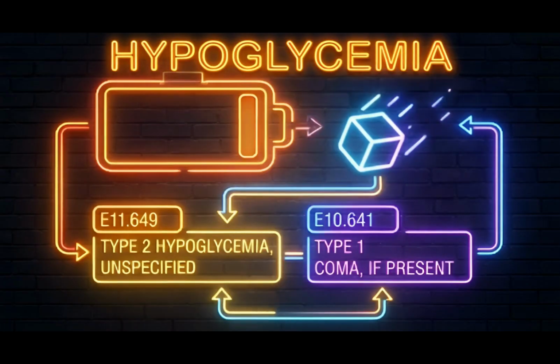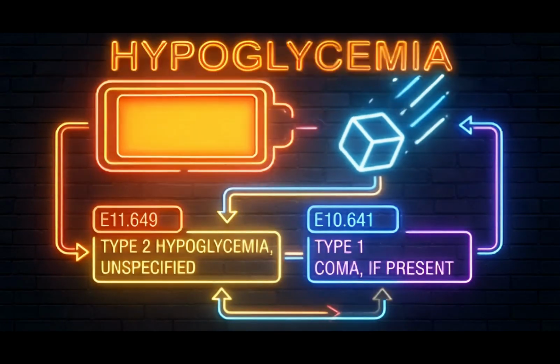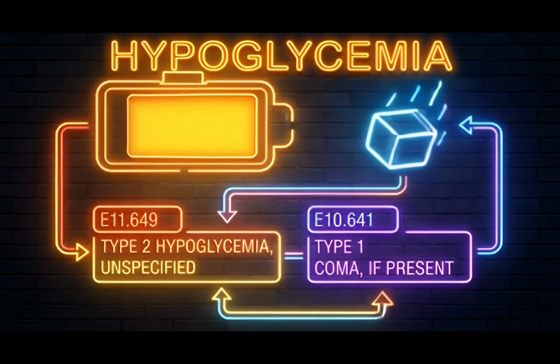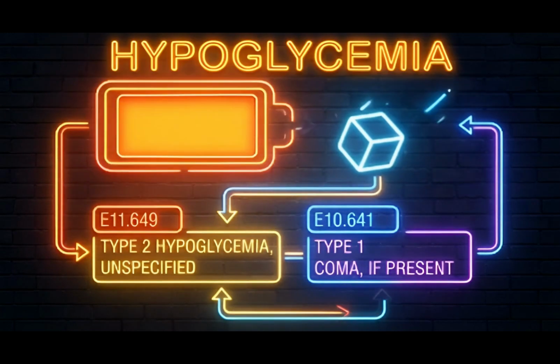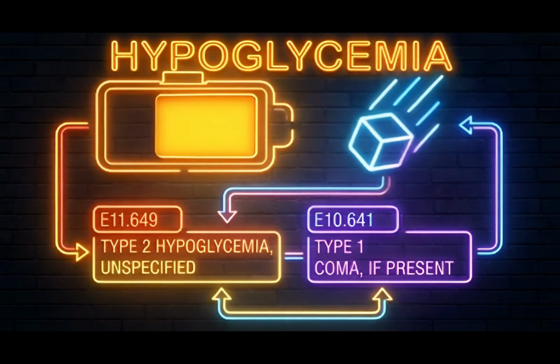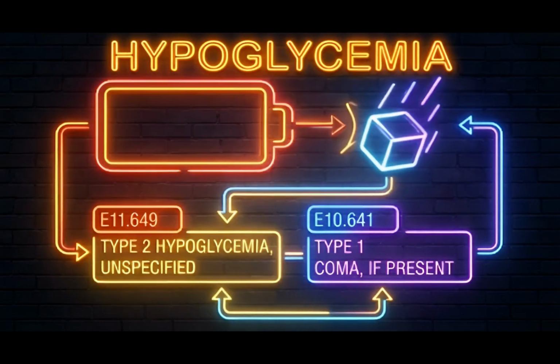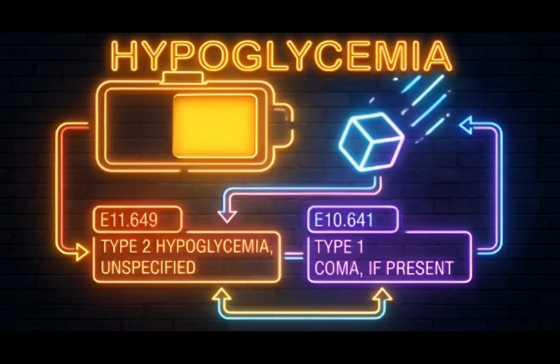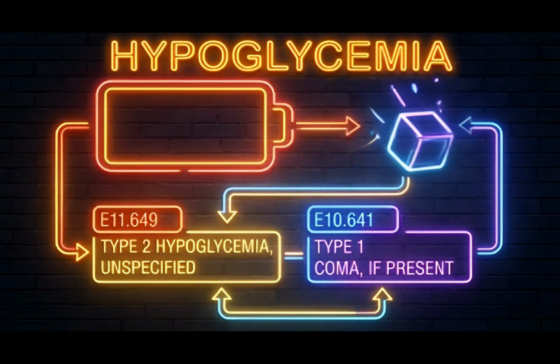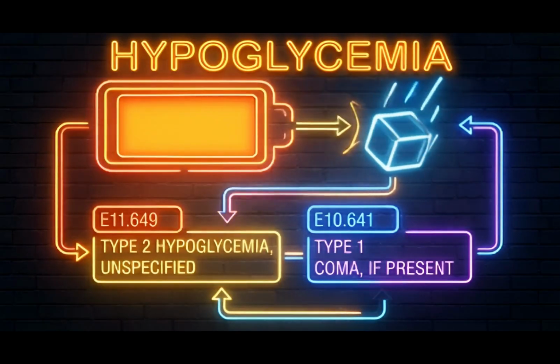Always match the code to the diabetes type and check if coma is documented, because that changes the code completely. Think of it like the neon icons here. Low battery equals hypoglycemia, and the falling cube signals severity. Stay alert to documentation details. They make all the difference in coding accuracy.